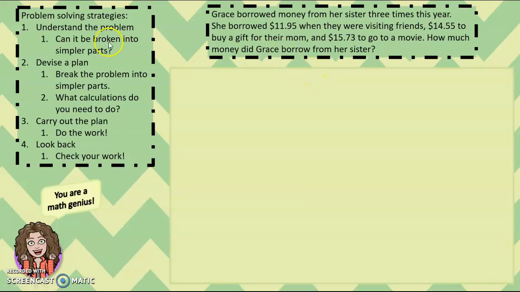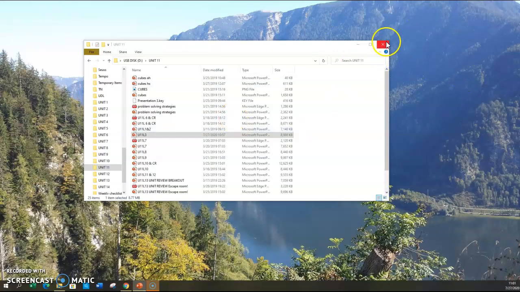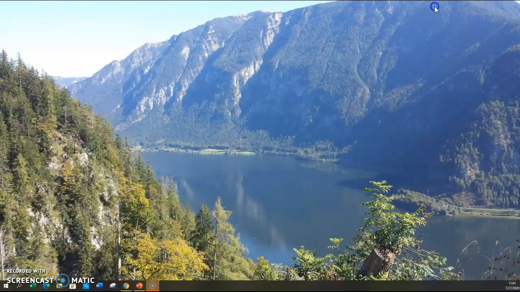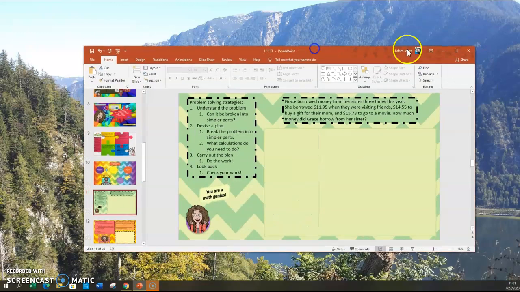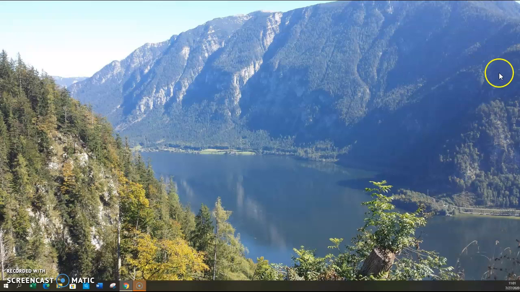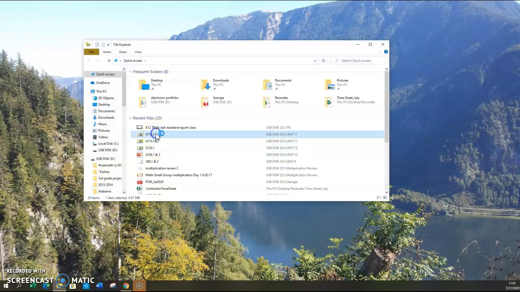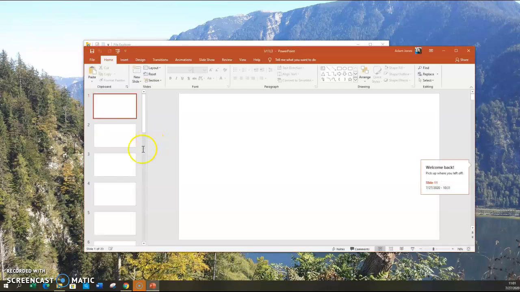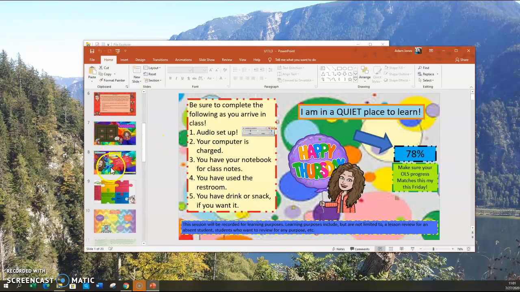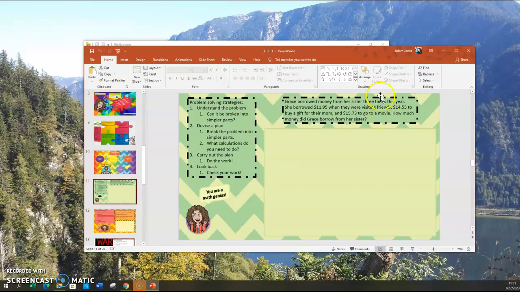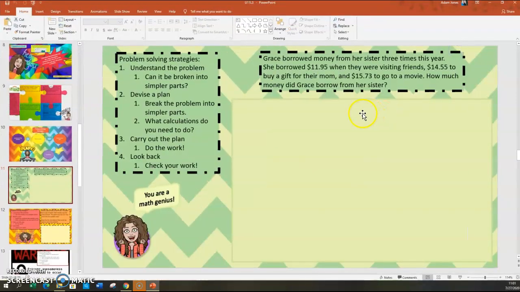So the first thing we need to do is understand the problem. So let's understand this problem. And to understand this problem, we're going to use our highlighter tool.